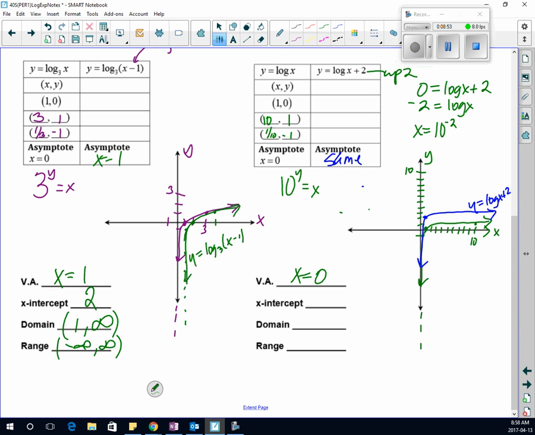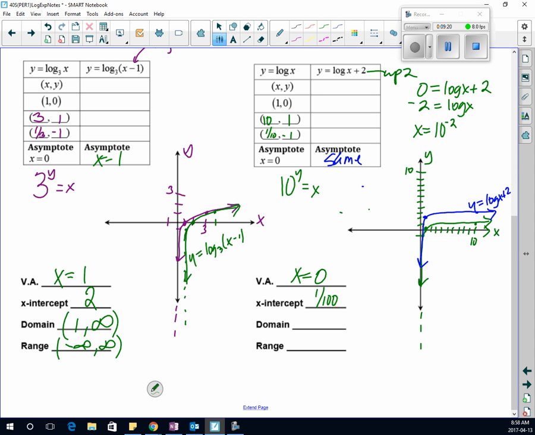Remember, the base is 10. If you change it to exponential, you'll actually solve what x is. You'll undo this log here if you change it into exponential, because remember, logarithm is the inverse of exponential. So if you exponentialize a log, you are undoing the log, right? So do you see that my x-intercept is actually 1 over 100? Yes?